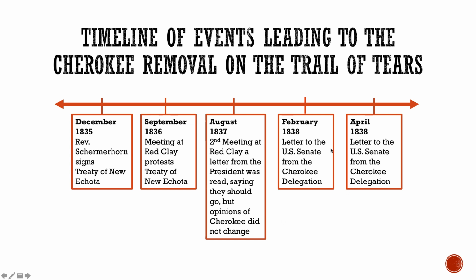Then in February 1838, that letter that we read was sent to the U.S. Senate from the Cherokee delegation. And then here is this newspaper article in April of 1838, where it was published in the newspapers. And so we know in June of 1838, the Cherokee were forced to move along the Trail of Tears to these unknown lands west of the Mississippi.